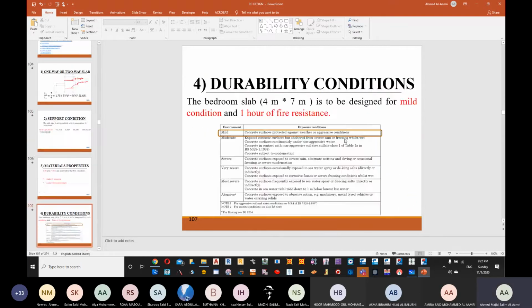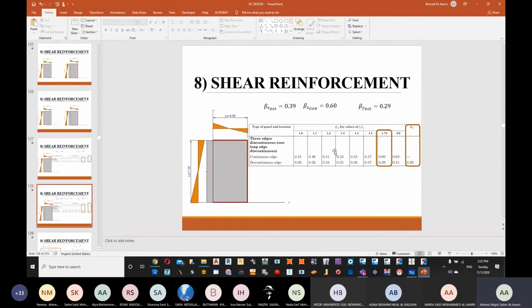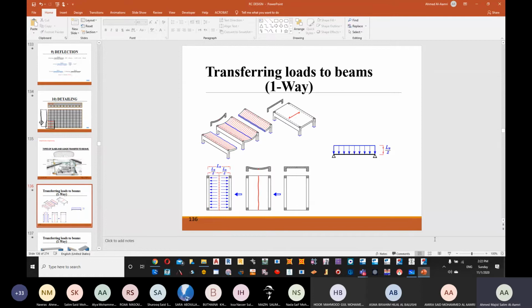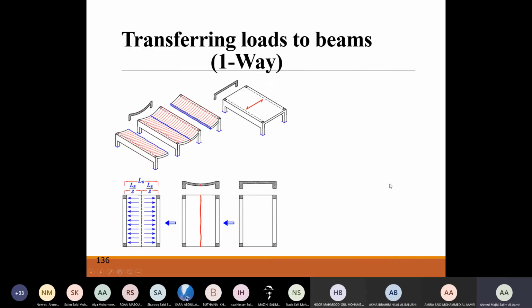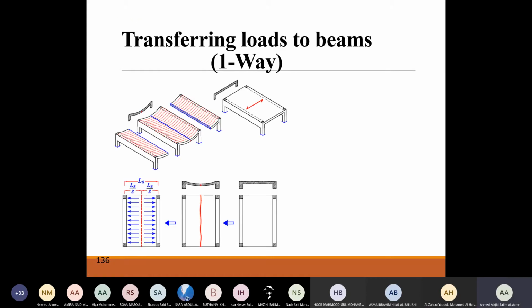Okay. Now going for the other part where we are going to talk about the transfer of loads. Okay. So now if you can see here, we are going to talk about slabs parallel to 3 or 4 slabs.